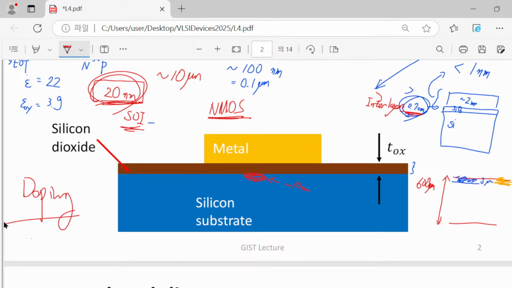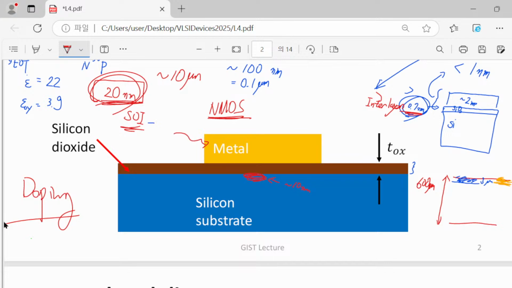However, in these more advanced, state-of-the-art technologies, since the thickness is so thin, by introducing certain doping it is difficult to change your threshold voltage sufficiently. Instead, we just change the work function of the gate metal shown here.